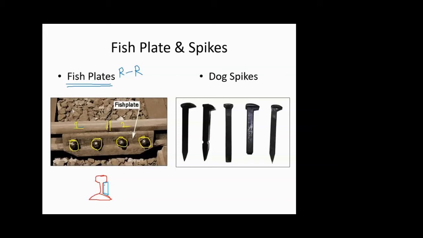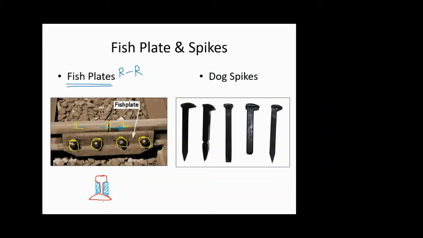And if it is of the same shape, then the loads are efficiently transferred from one rail to the other while the movement of the wheels takes place. So this is the point to remember. It looks something like this. On both the sides you have fish plates, and both these fish plates are running across the length of the joint.